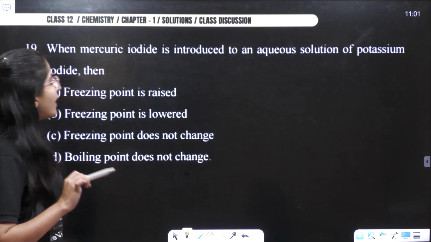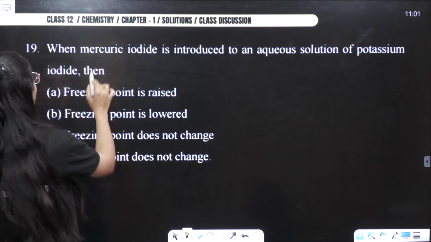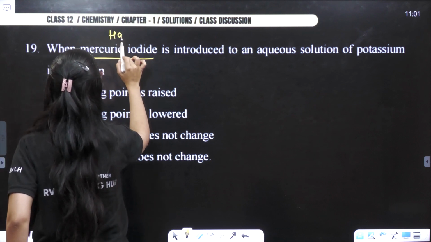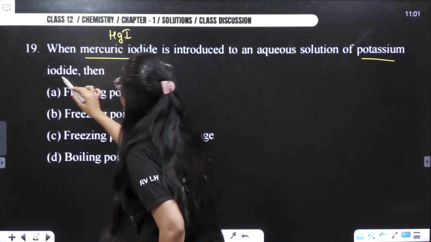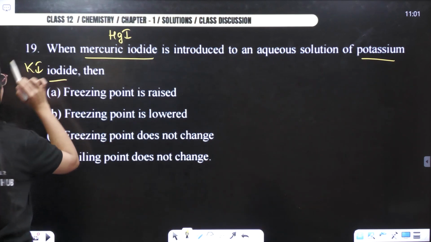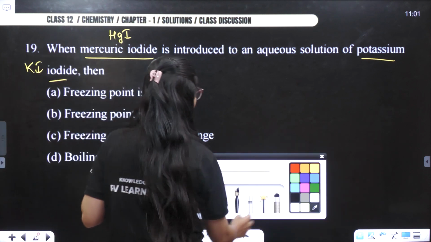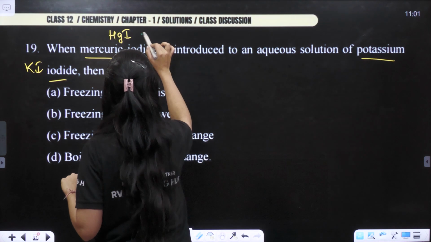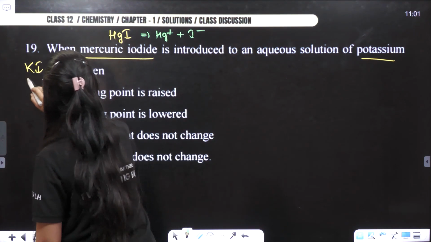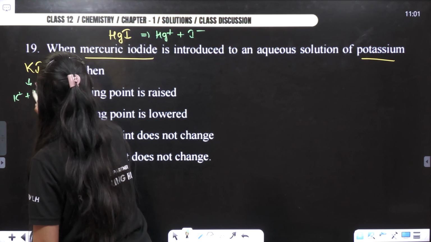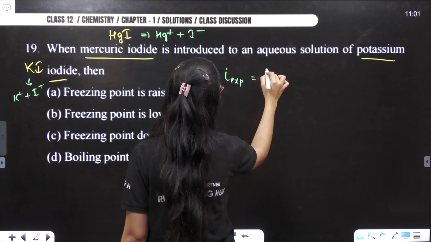Next question. When mercuric iodide is introduced to an aqueous solution of potassium iodide, what are you doing? You are adding mercuric iodide to aqueous KI solution. So what will happen? Initially we will think that mercuric iodide will dissociate into Hg2+ and I minus, and potassium iodide will dissociate into K plus and I minus. So the expected i value is 4.